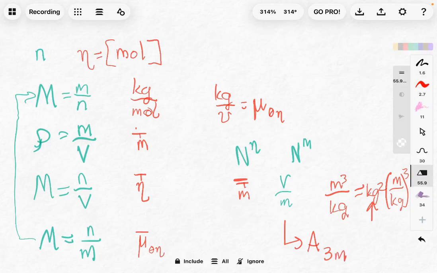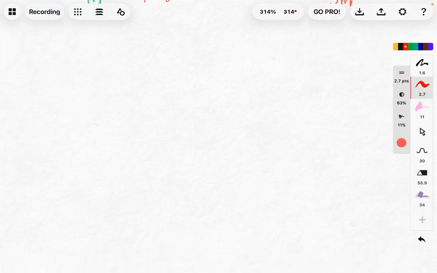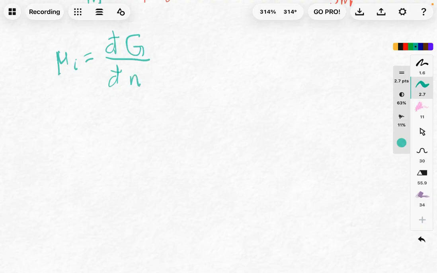And then I would like to look at chemical potential. So if we scroll down, chemical potential is usually symbolized by mu, as far as I'm aware, and it is the derivative of the Gibbs free energy by moles. If we turn that into our notation, we get the derivative of energy by moles.